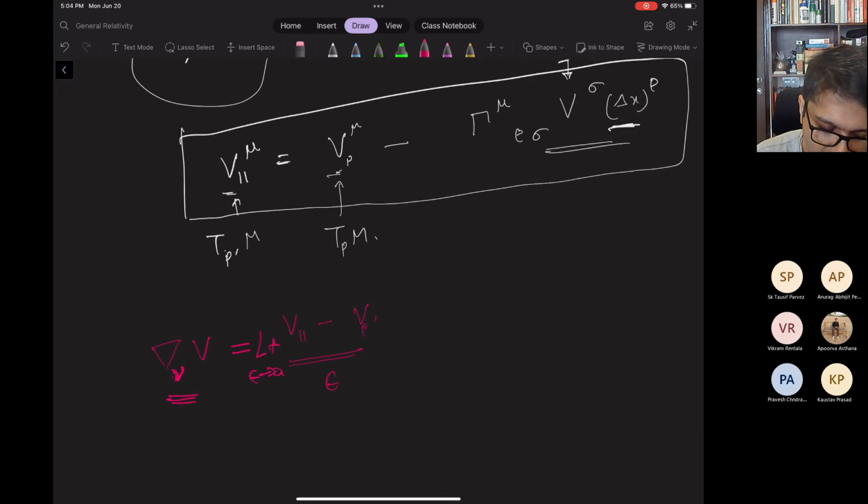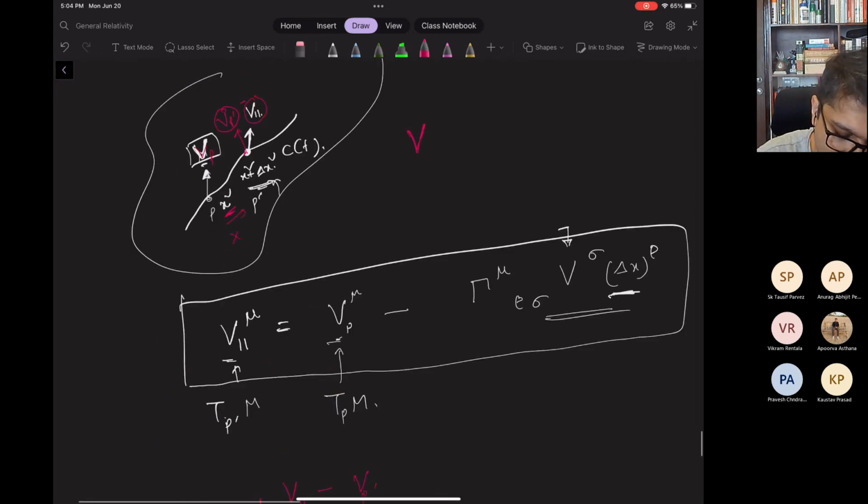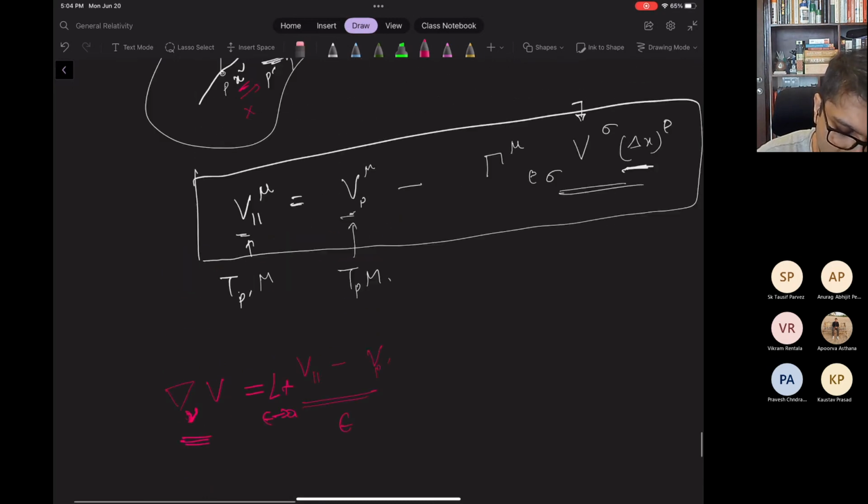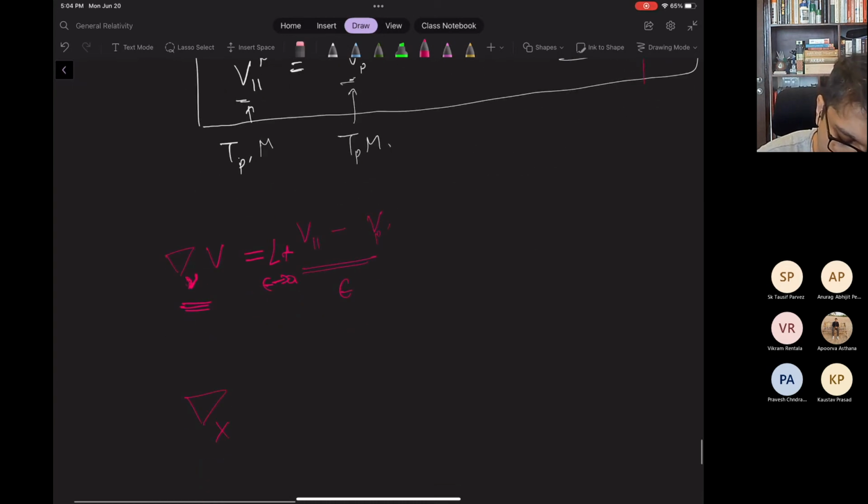And in general, if I want to differentiate along some vector field X, then we required that it's linear in the components of that vector field X. So this was defined to be X nu times partial nu V mu plus gamma mu nu rho V rho.